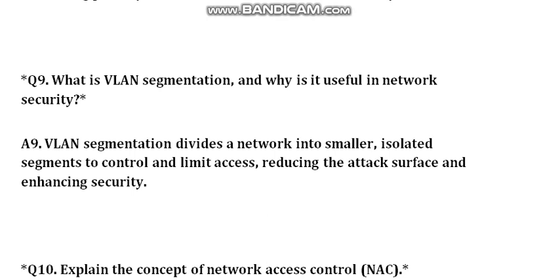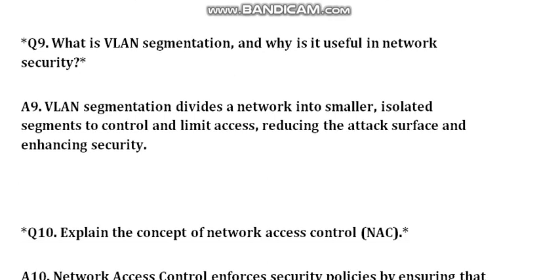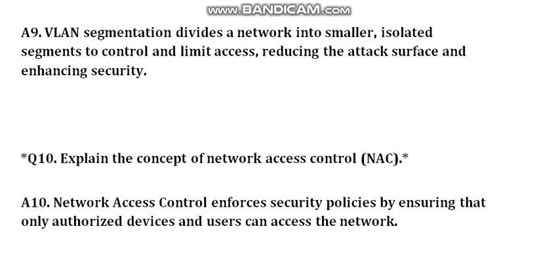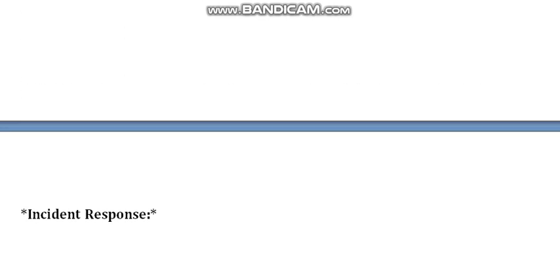VLAN segmentation divides a network into smaller, isolated segments to control and limit access, reducing the attack surface and enhancing security. Explain the concept of network access control. NAC, Network Access Control, enforces security policies by ensuring that only authorized devices and users can access the network.